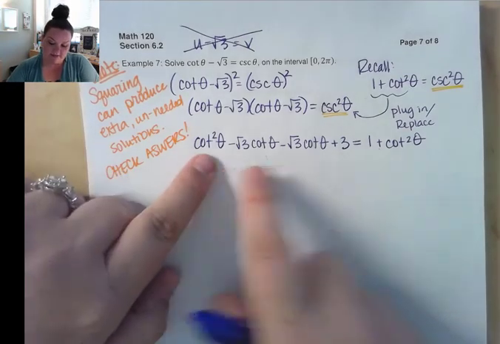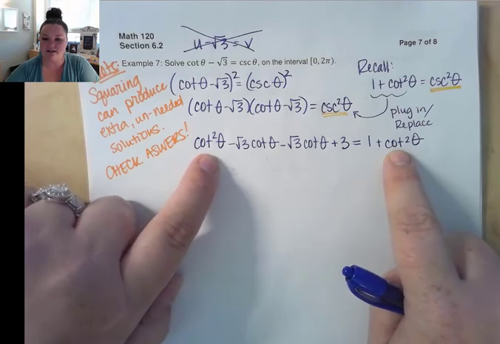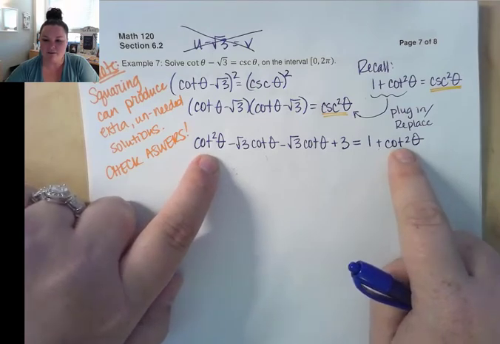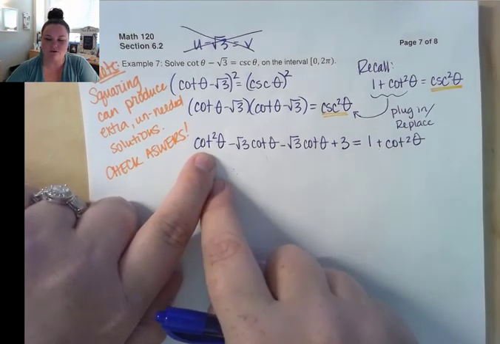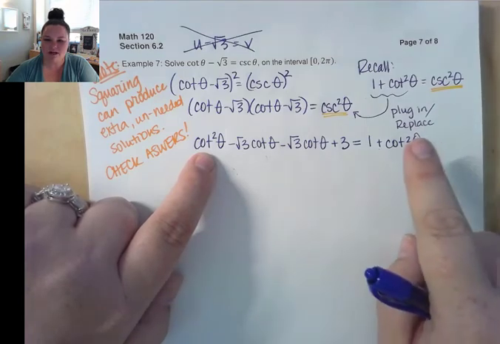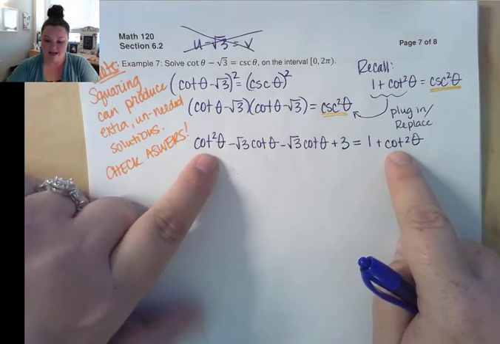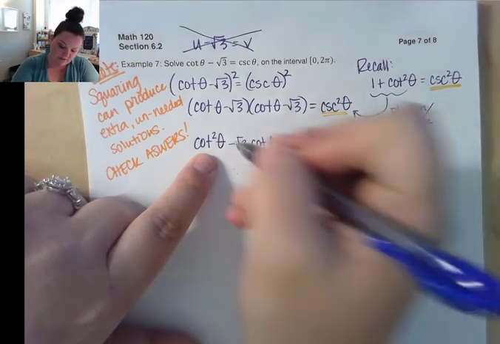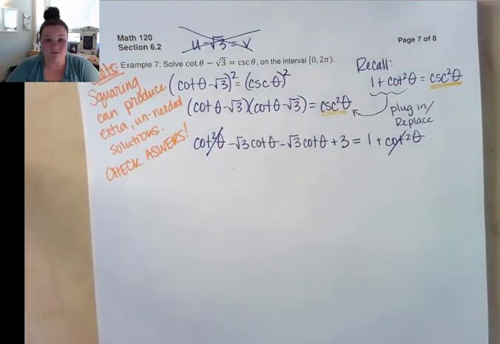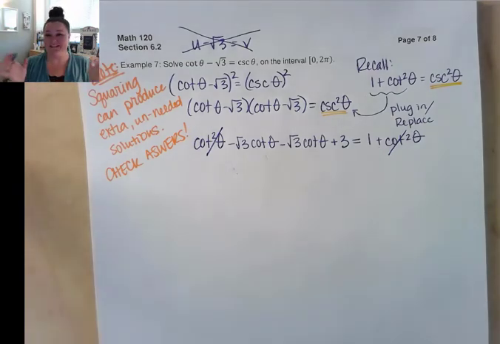If I wanted to get my cotangent squared thetas on the same side, I would subtract this one over. But if I subtract cotangent squared from this side and from this side, they actually cancel out, so I don't have a squared. That's even better, because now I don't have to factor or use the quadratic formula, and I got rid of 2 of my terms.